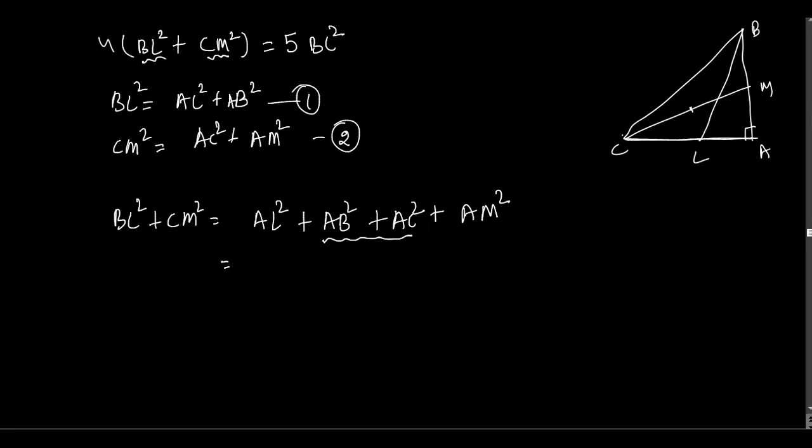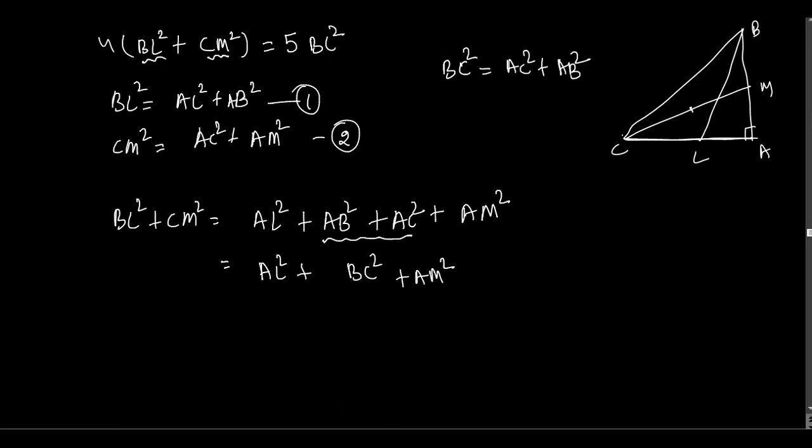How can you write this? From the bigger triangle, you can write BC square is equal to AC square plus AB square. So in place of this, you can write AL square plus BC square plus AM square.